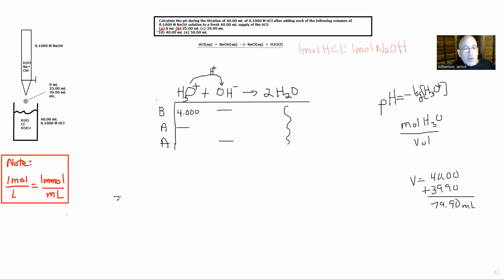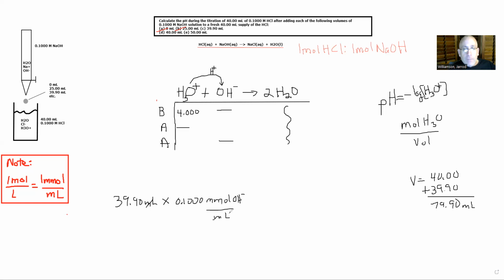That'll be 39.9 milliliters times 0.1000 millimoles of hydroxide ion per milliliter, because it's 0.1 molarity. That means 0.1 moles per liter or 0.1 millimoles per milliliter.